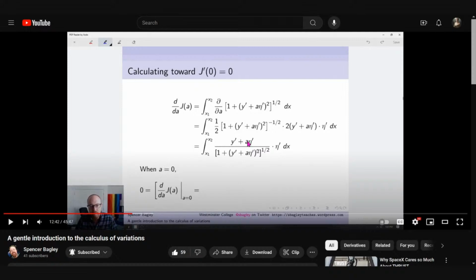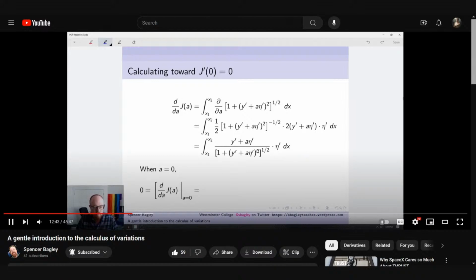So if a equals 0, then this eta goes away, and this eta goes away. But this eta prime stays, which is very nice. So it's going to be y prime divided by the square root of 1 plus y prime squared, times eta prime dx.